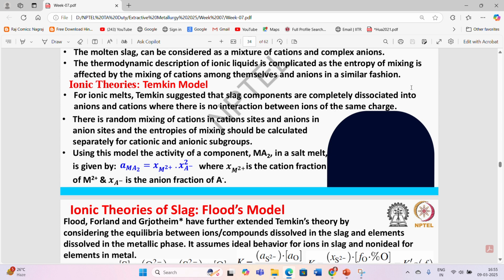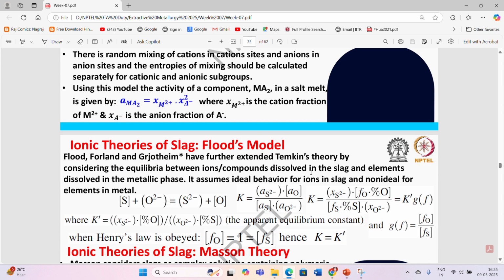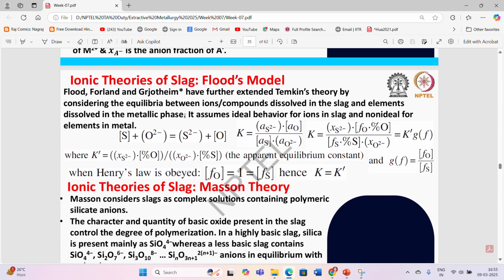There is random mixing of cations in cation sites and anions in anion sites, and the entropies of mixing should be calculated separately for the cationic and anionic subgroups present inside that slag material. Using this model, the activity of a component MA2 in a salt melt is given by a_MA2 equal to x_M2 plus, you just have to do the mass balance for the anionic or cationic melt.